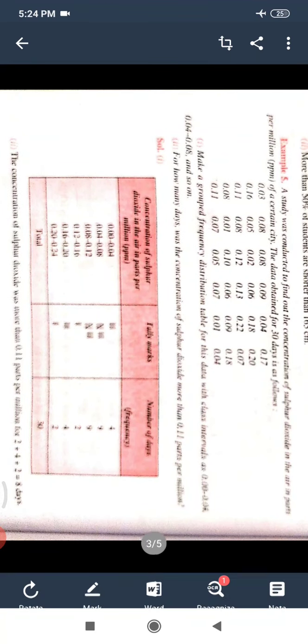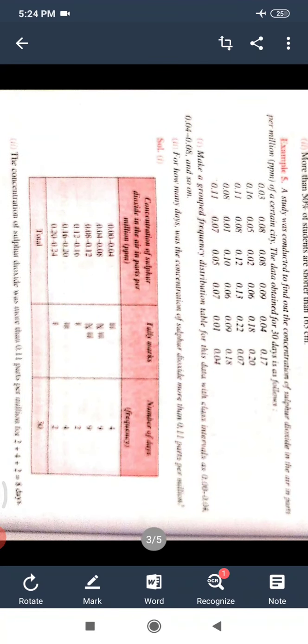Now make the classes first. 0.00 to 0.04 is given in the question, use this. Then 0.04 to 0.08, 0.08 to 0.12, 0.12 to 0.16, 0.16 to 0.20, and 0.20 to 0.24.